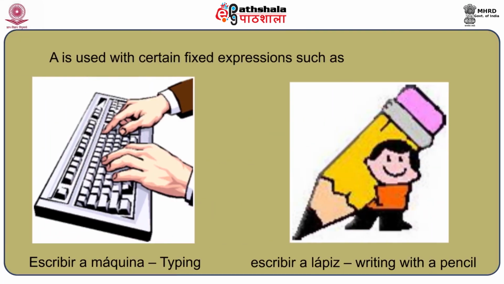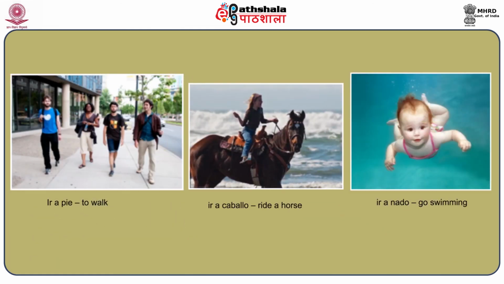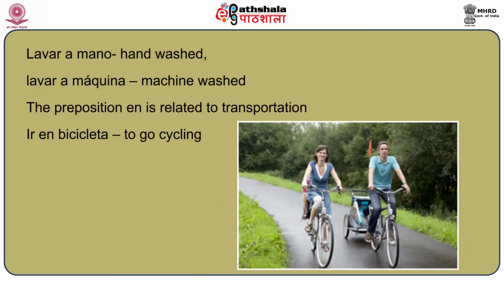The preposition a is used with certain fixed expressions such as escribir a máquina, which means typing, escribir a lápiz, writing with a pencil, ir a pie, to walk, ir a caballo, ride a horse, ir a nado, go swimming, lavar a mano, hand washed, lavar a máquina, machine washed.